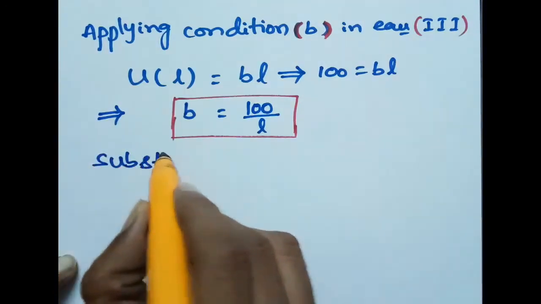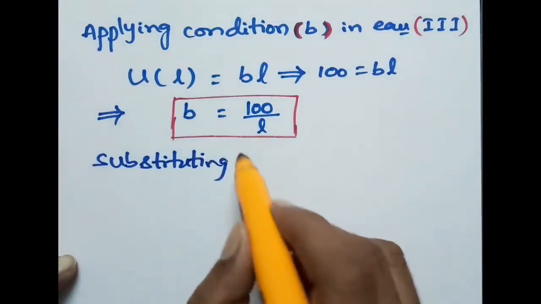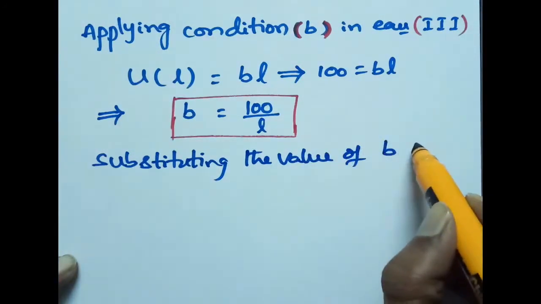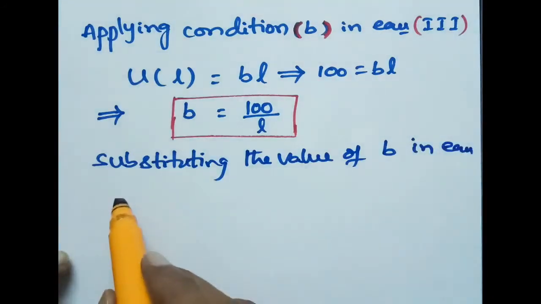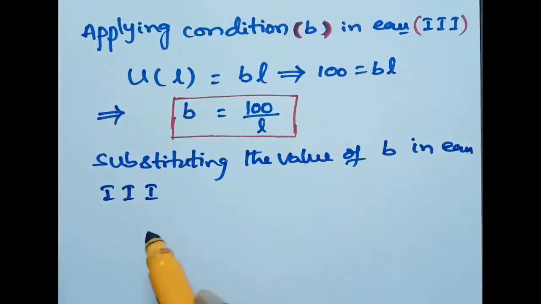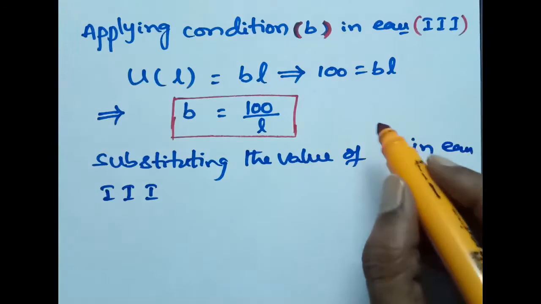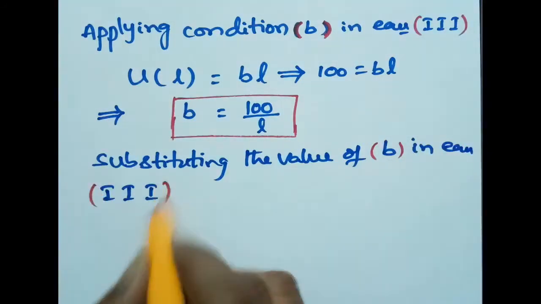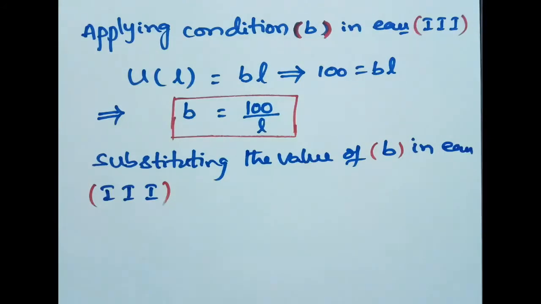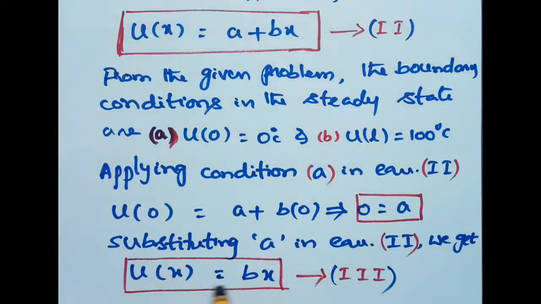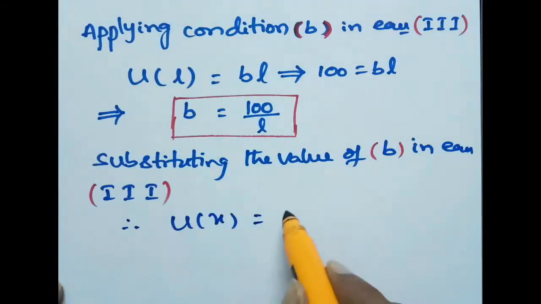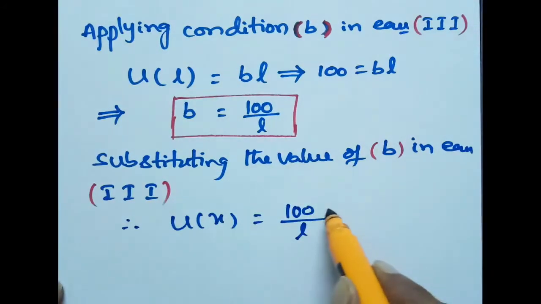Substituting the value of b in equation 3, u(x) = (100/L)·x.